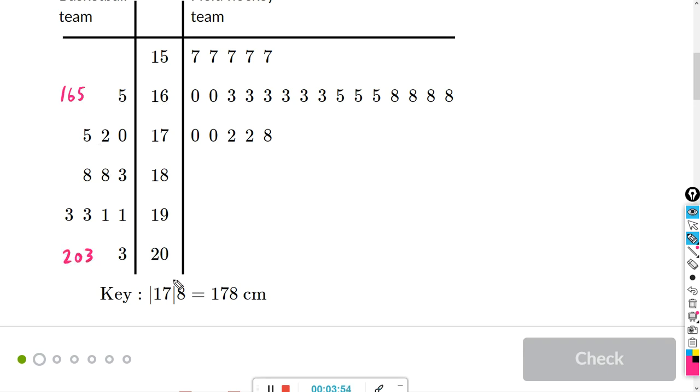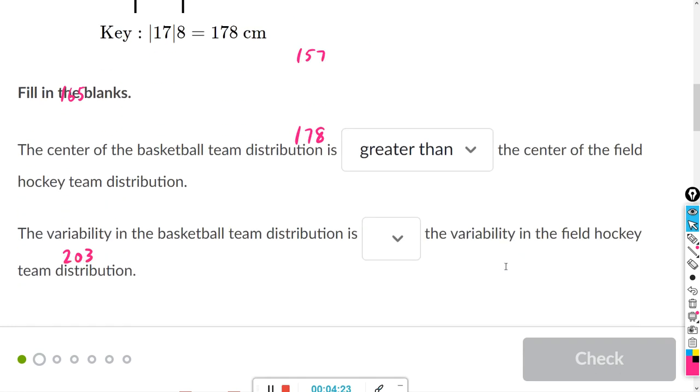And if you go with the field hockey, the shortest is 157 and the tallest is 178. So this varies only by about 20 centimeters, but this one varies by 40. So the basketball team heights vary much more. So the variability in the basketball team is greater than the variability of the field hockey team.